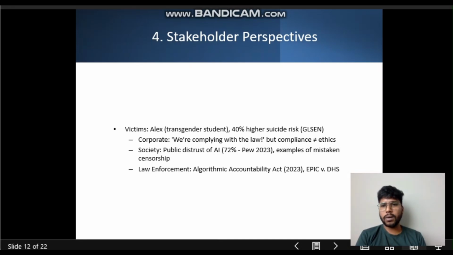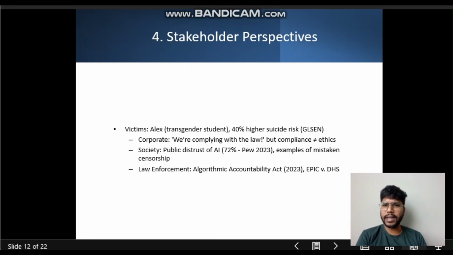Alex relies on online forums to connect with supportive communities, and when Blocker Plus blocks these resources, Alex feels erased and isolated. This is not hypothetical.